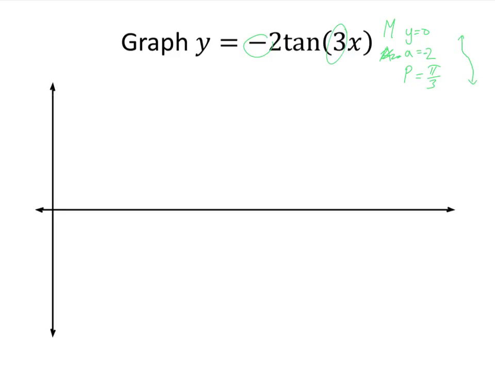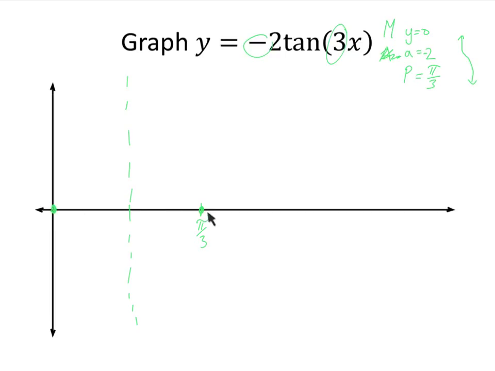So let's check this out. Okay, let's start off with, always starts here at 0, 0. All right, one period is at pi over 3. So we're going to hit here at pi over 3. Halfway, we are going to have an asymptote. There we go so far.